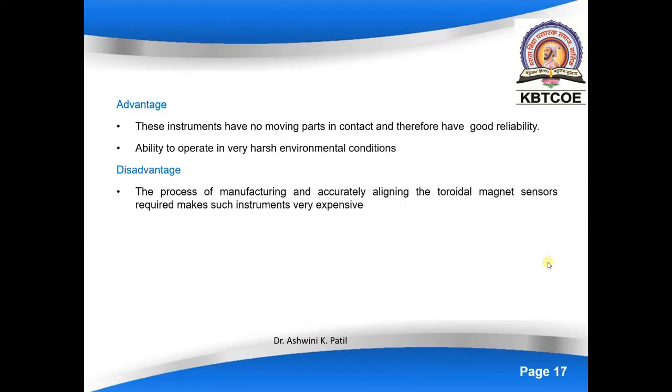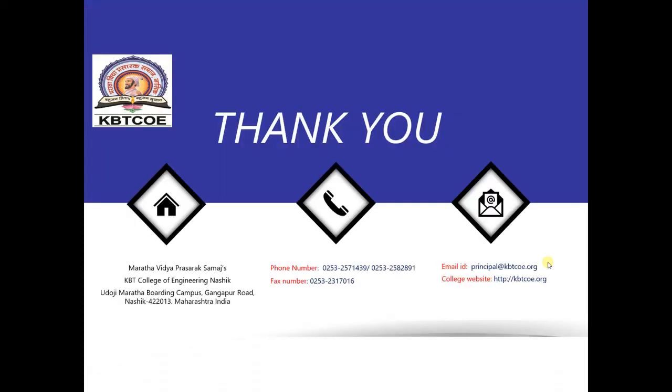The advantage of this is that these instruments have no moving part in contact, and therefore good reliability and longer life. They have the ability to operate in very harsh environment conditions. The disadvantage is that the process of manufacturing and accurately aligning the toroidal magnet sensors required makes such instruments very expensive.